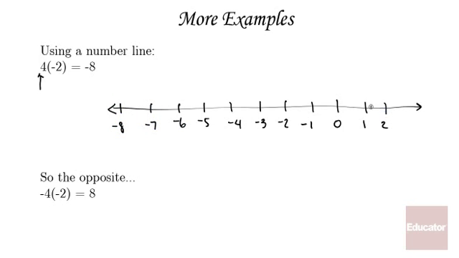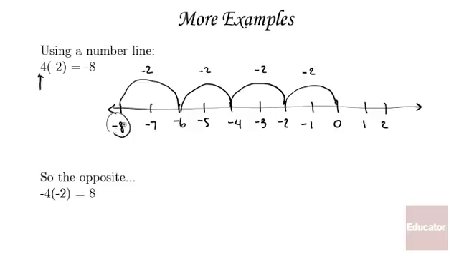So here is a group of -2, 2 units in the negative direction. Here's another group of -2. That's 2 groups. Here's 3 groupings. And lastly, the 4th group. So with 4 groups of -2, I end up at -8. So 4 times -2 equals -8.